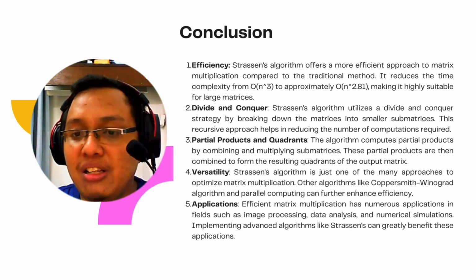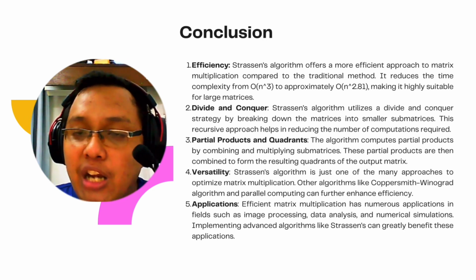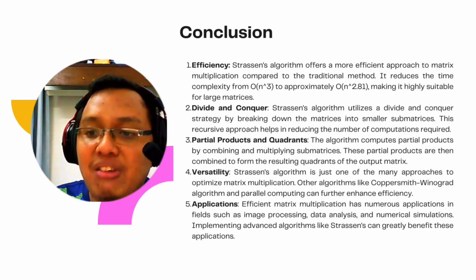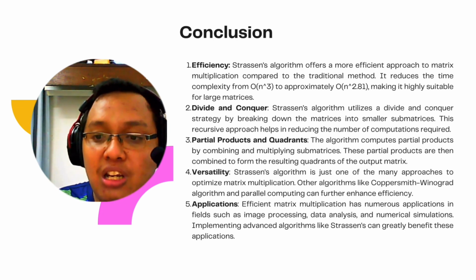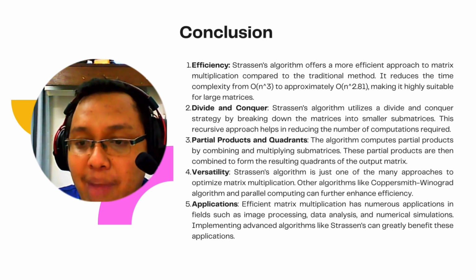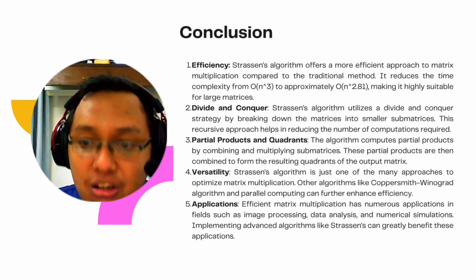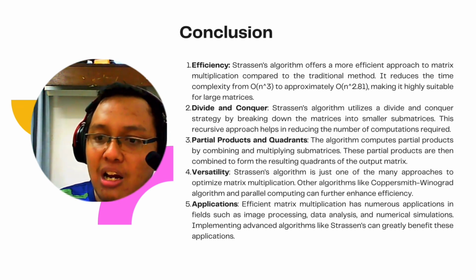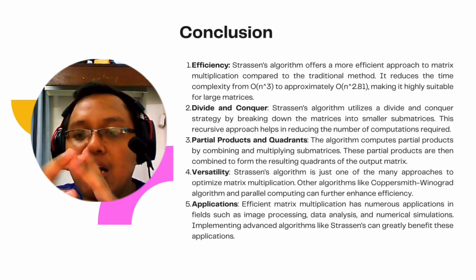The next point is resulting in partial products and quadrants. The algorithm computes partial products by multiplying sub-matrices. These partial products are then combined to form the resulting quadrants of the output matrix. In terms of versatility, the Strassen algorithm is just one of the many approaches to optimize matrix multiplication.